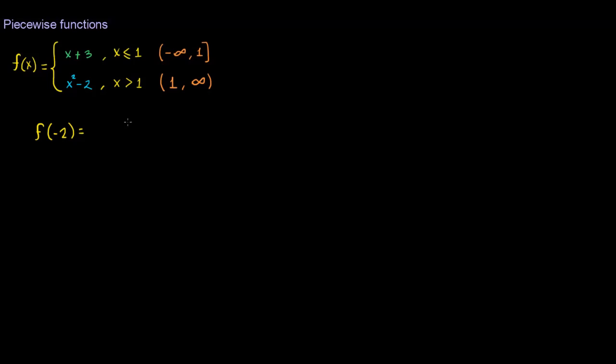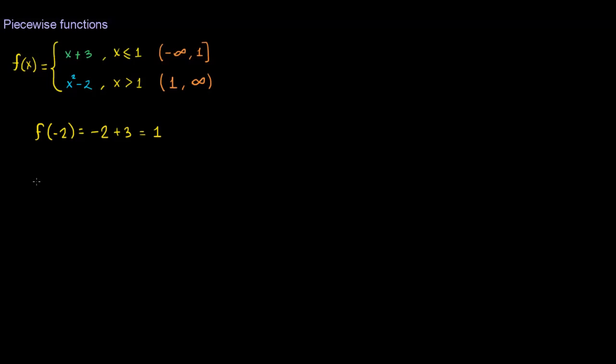Well, in this case, we have to look within the ranges we have and see where this negative 2 falls. And obviously it falls in this interval, because it's less than or equal to 1. So we have to use this function here. It will be negative 2 plus 3, and f of negative 2 will be equal to positive 1. And that will be it.